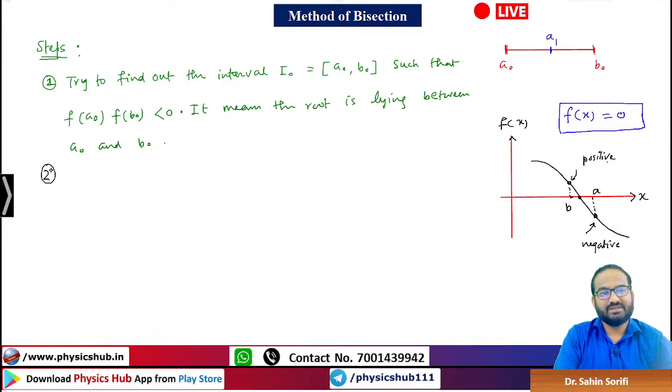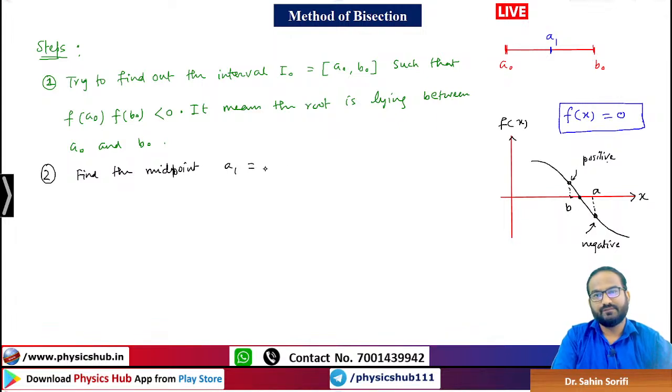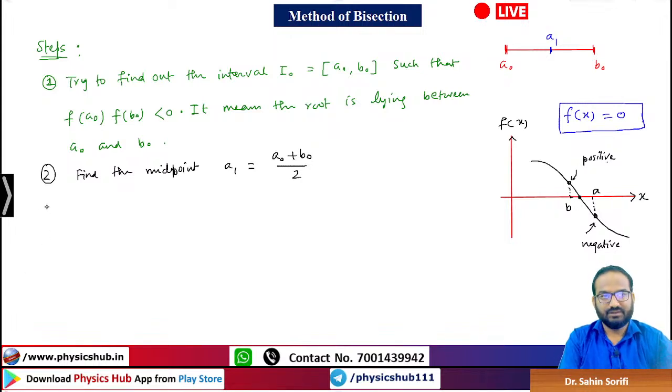Okay, the second step, find the midpoint A1, which is equal to A naught plus B naught divided by 2. So we have now two intervals, A0 A1 and A1 B0.